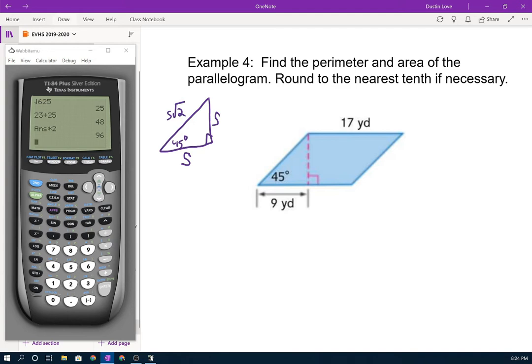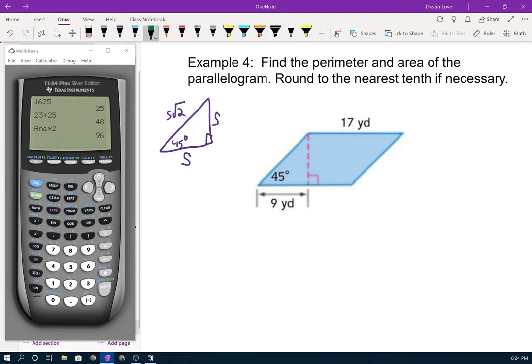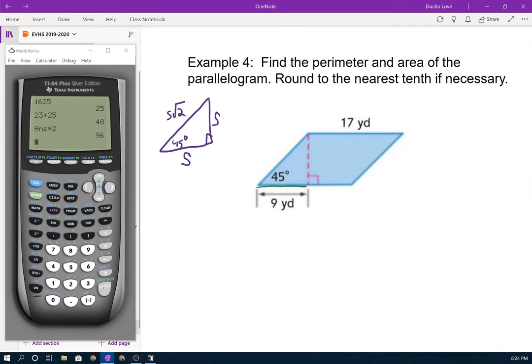Now, what that means in particular for me is that if the bottom side of this triangle is 9, then the other leg is also going to be 9. So my height of this parallelogram is 9 yards. The base is the entire distance, which is the same as the top side, which is 17 yards.